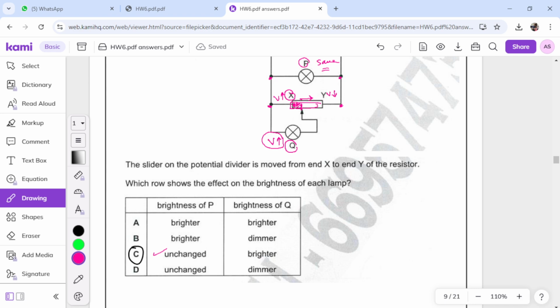This is part X connected in parallel with lamp Q. As you move the slider right, the resistance increases, and voltage equals IR. So as resistance increases, the voltage of X increases. The voltage of Q is also increased because it's in parallel with X, so the answer will be C.